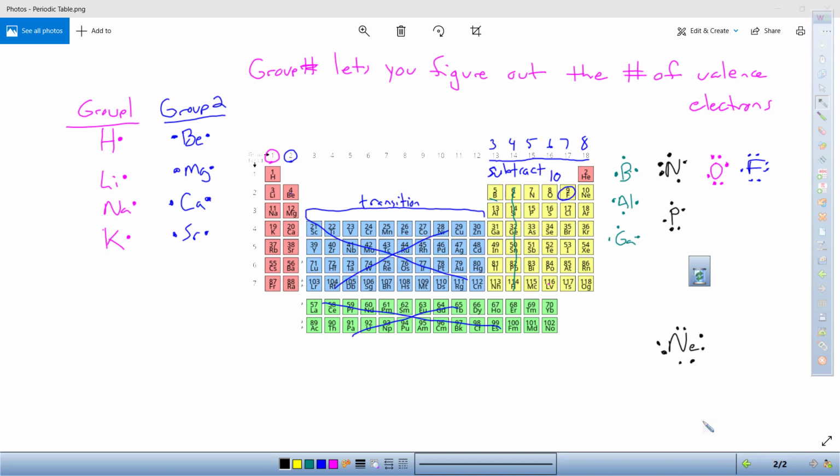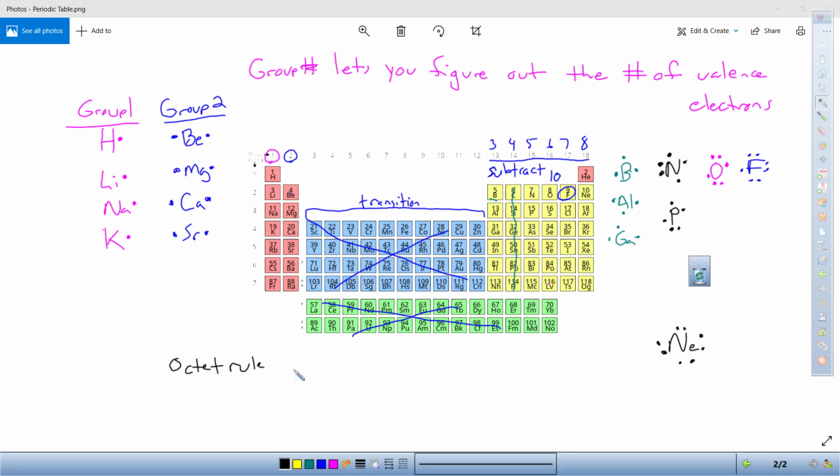Now, where this is going is that it was realized that every atom wants 8 electrons in the outer shell. This is called the octet rule. Octet being 8, rule being rule.